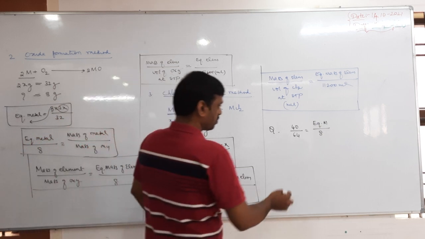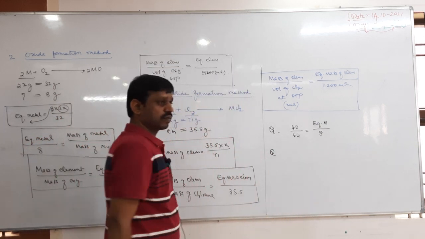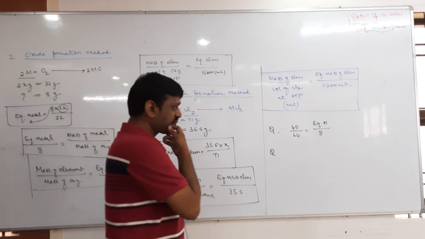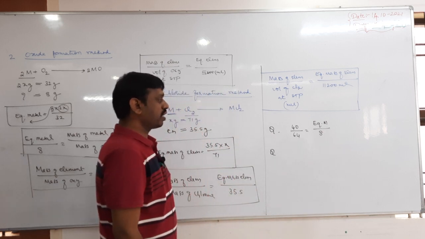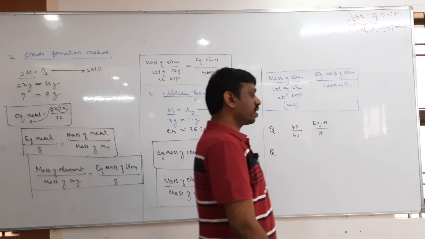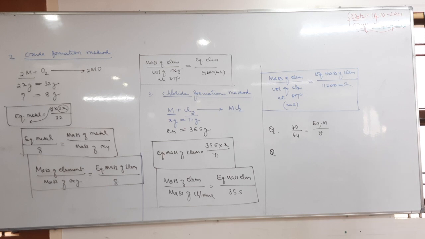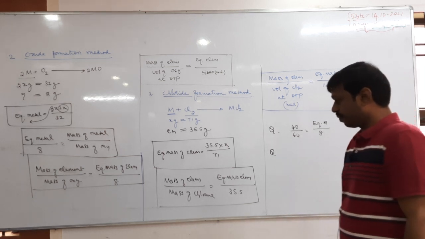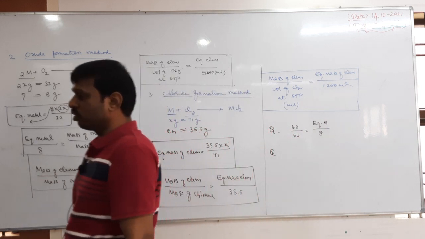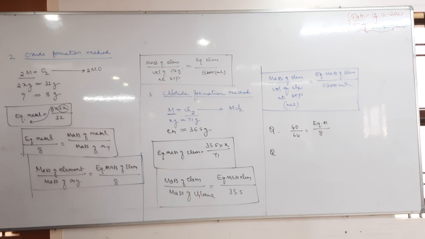Okay, next. 27 grams of an element combines with 22,400 ml of chlorine at STP.